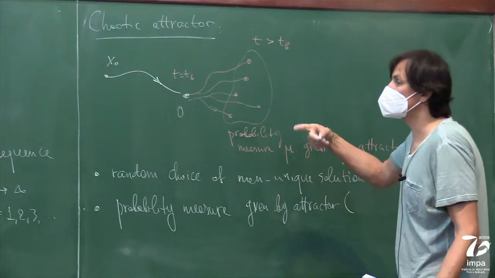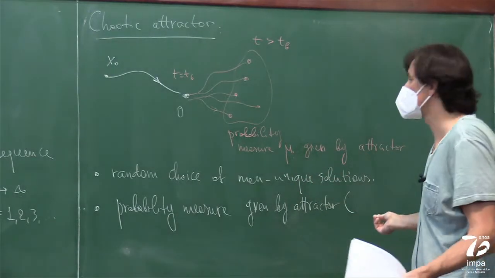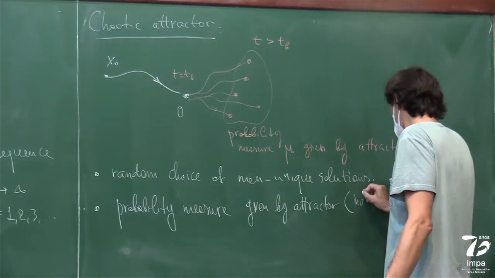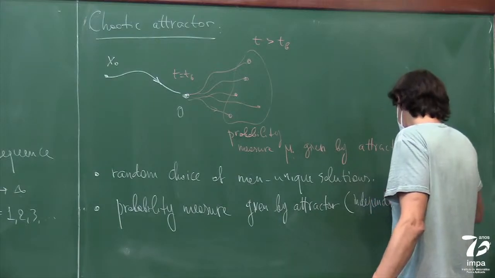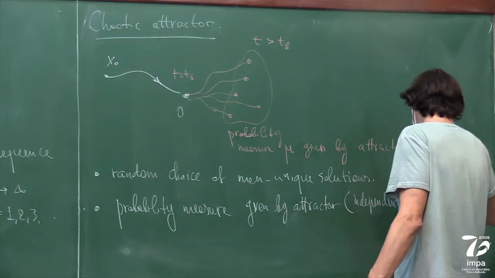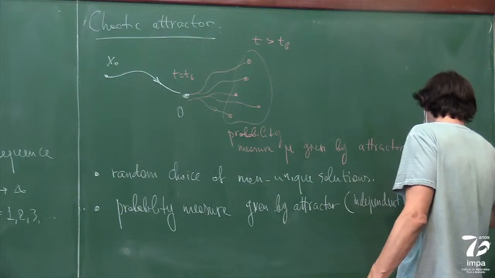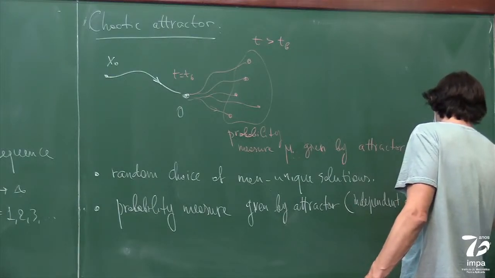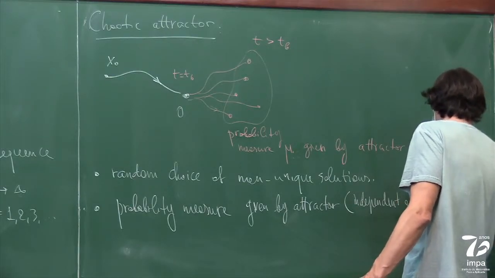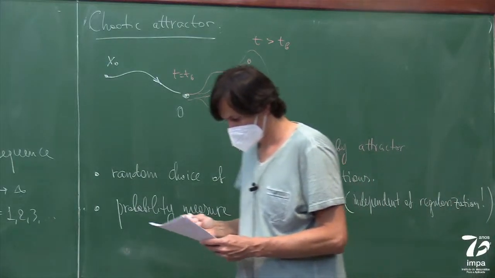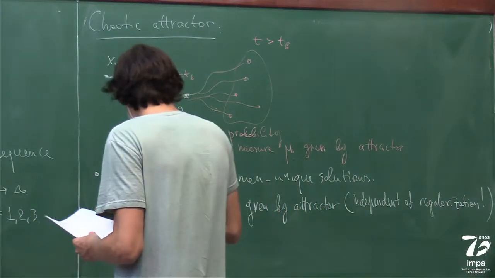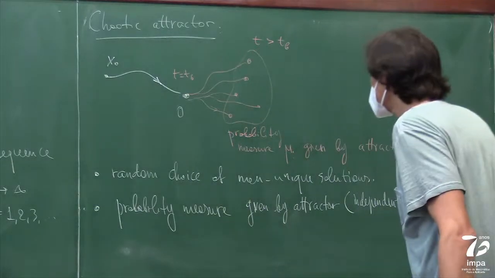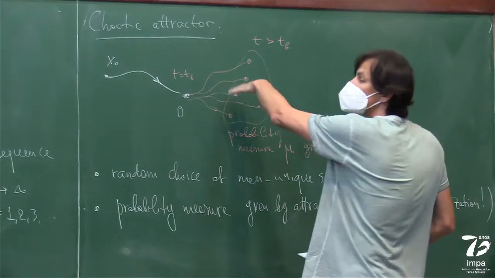Again, given by the attractor means that it's independent of regularization. That defines which trajectory you choose.